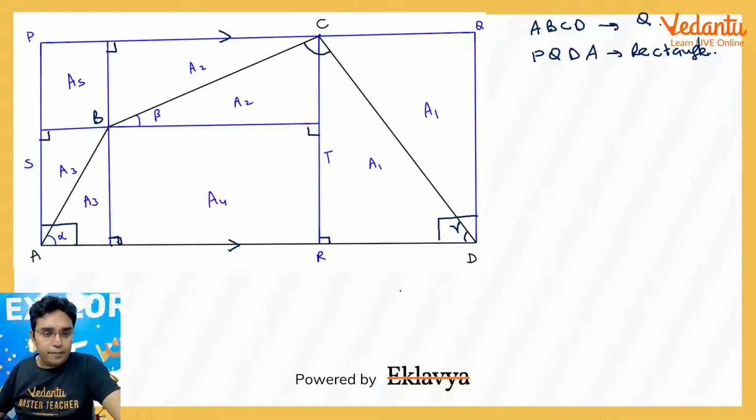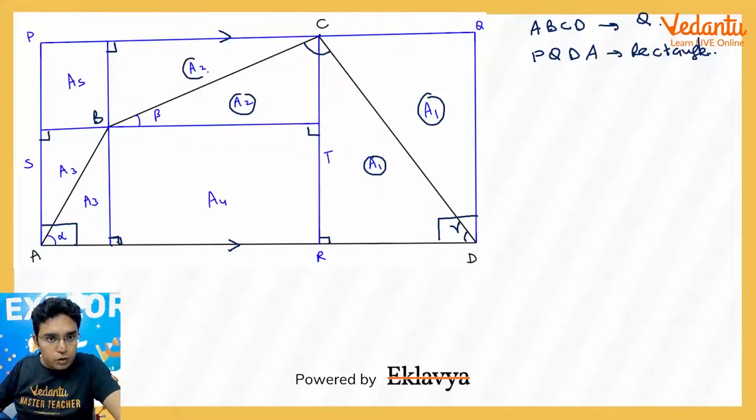Now here you can see this area, if it is A1, this also has to be A1, because CQDR is a rectangle. Similarly, this area, if it is A2, this will also be A2. Similarly, if this is A3, this is also A3.